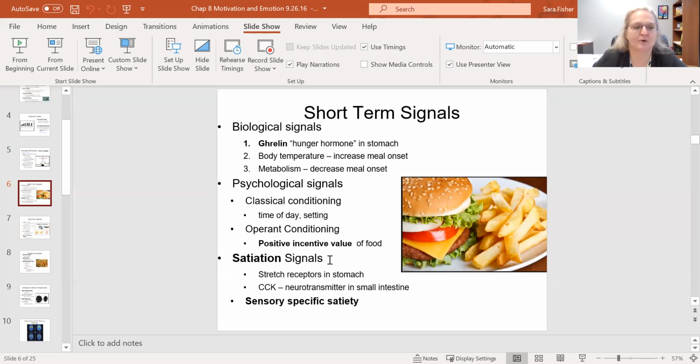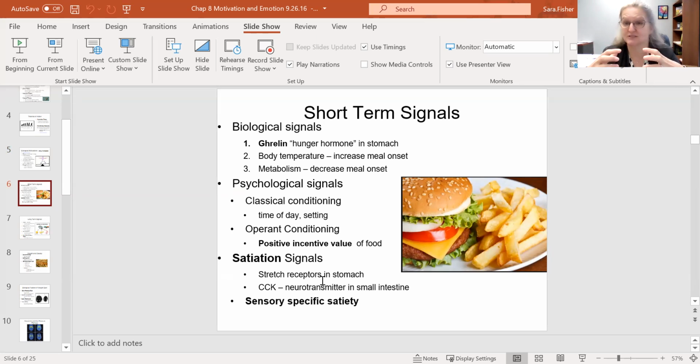Satiation, this is another important word right here: satiation signals. This word comes from to be satisfied or to saturate, right? So a satiation signal simply means that you're full. And there are a couple of different signals going on. Your stomach has stretch receptors, so you're probably sensitive to how your stomach shrinks if you stop eating, and then when you have a big meal, how you feel really full.